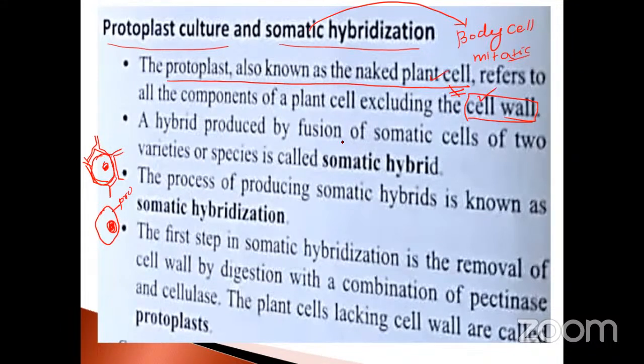A hybrid procedure for fusion of somatic cells of two varieties or species is called somatic hybridization. Yesterday we saw it, the pomato.